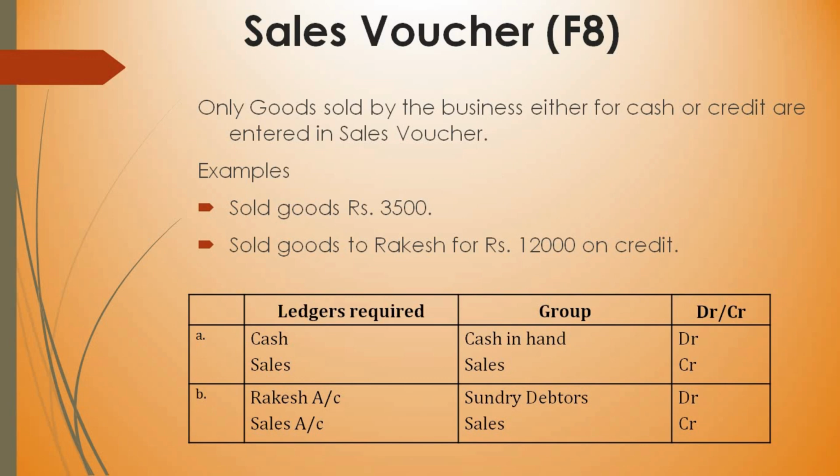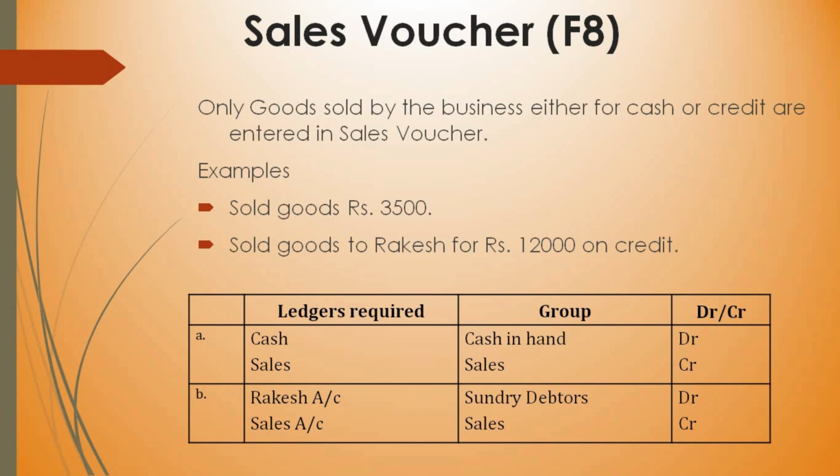For example, you can say: sold goods for rupees 3,500, or sold goods to Rakesh for rupees 12,000 on credit. In the first case, one account is sales and the other account is cash. In the next statement, sold goods to Rakesh on credit, one account is sales and the other account is Rakesh.